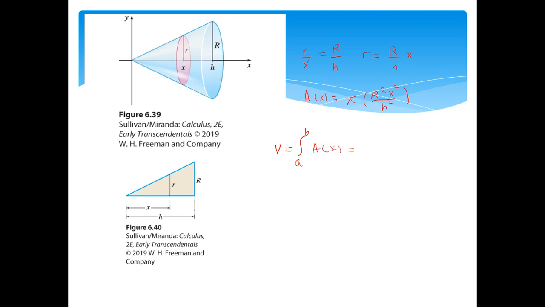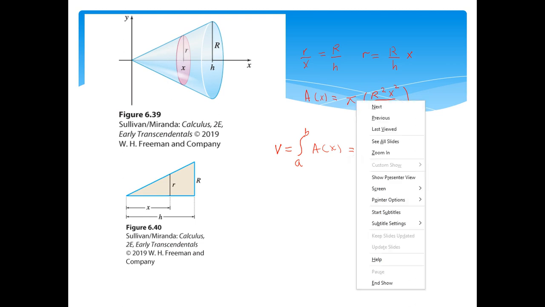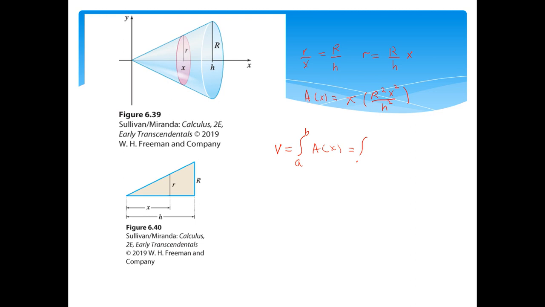That's what the formula says. What is a here? A is the first point. B here is the final. So we're going to integrate from x equals 0 up to h. This is h here.